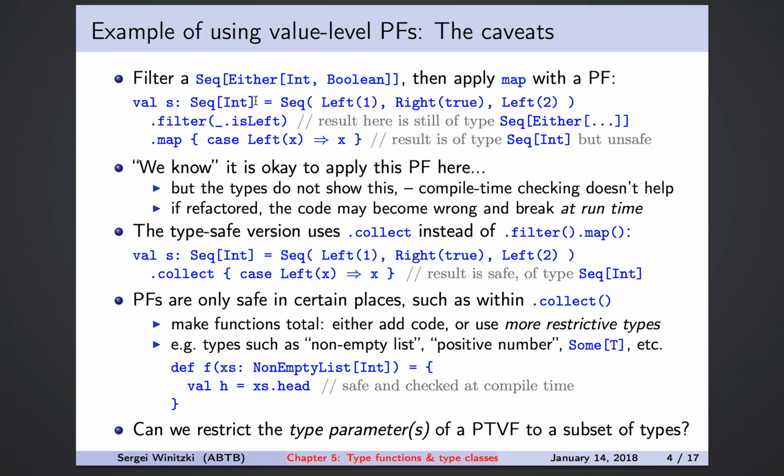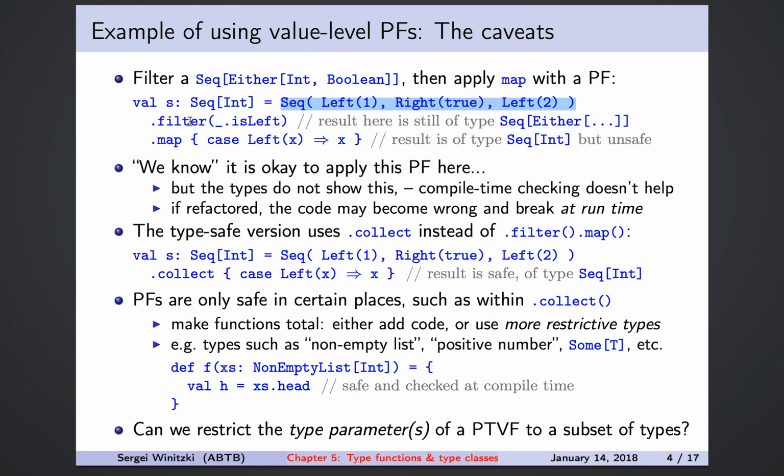How do we do that? Well, we take the sequence, we filter those that are in the left, which is like this maybe, and then we map with this partial function.